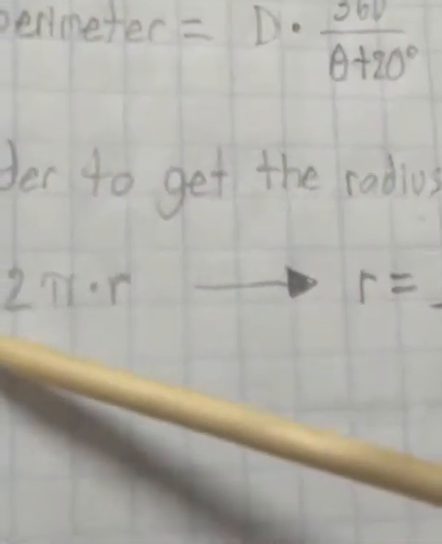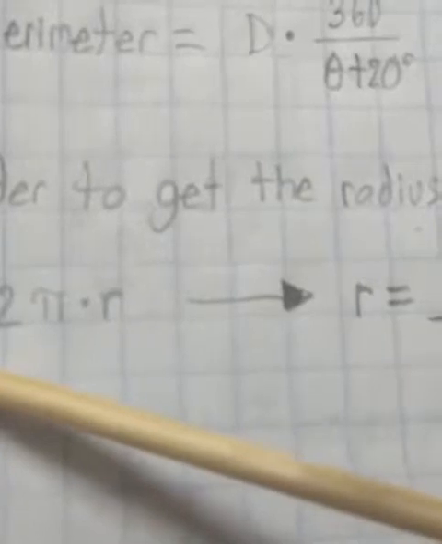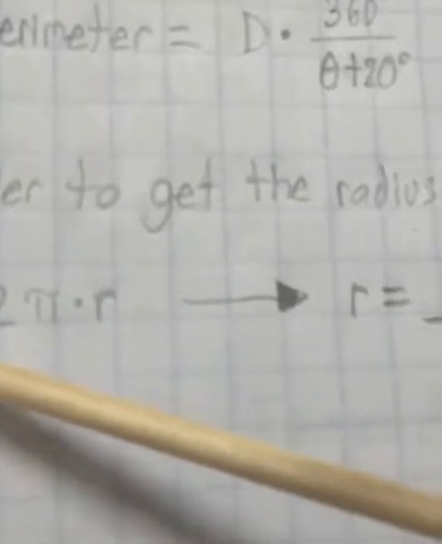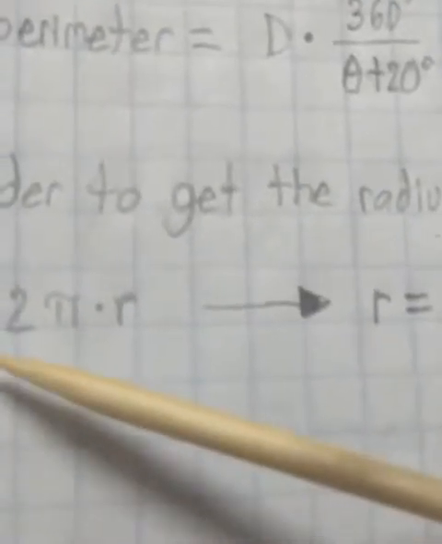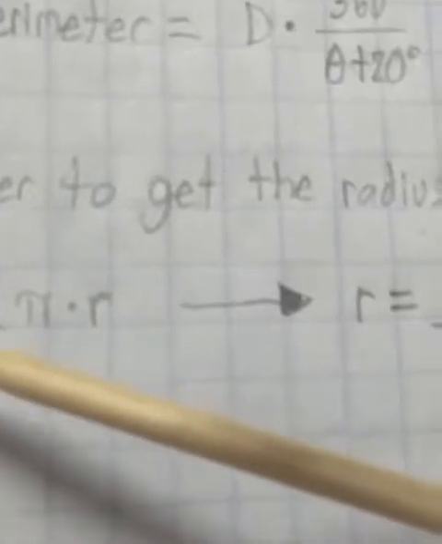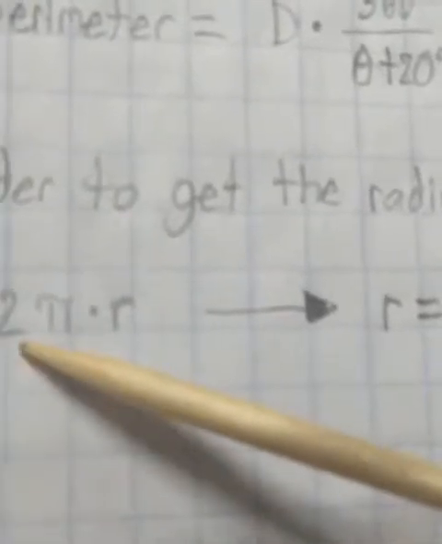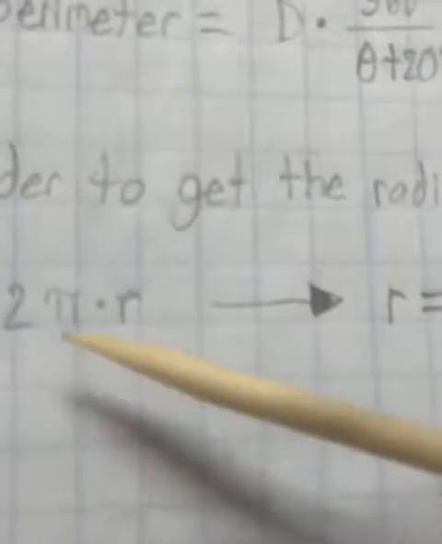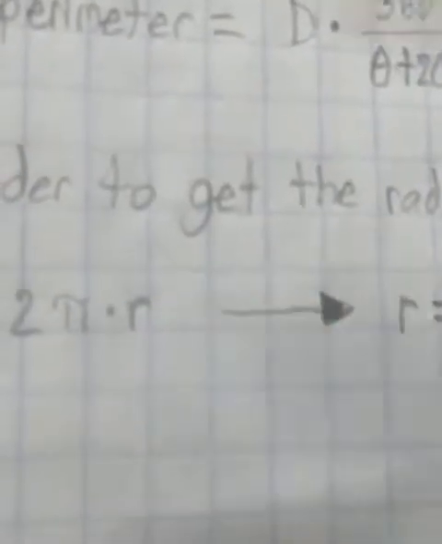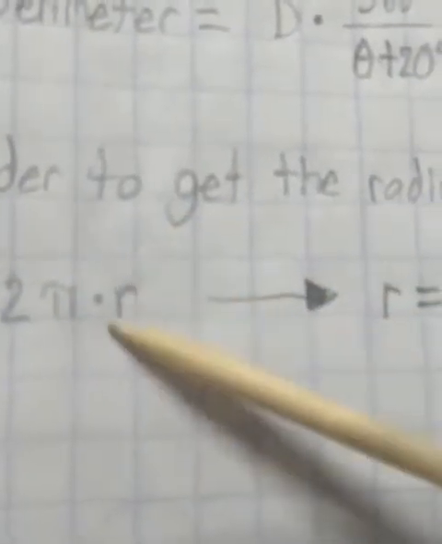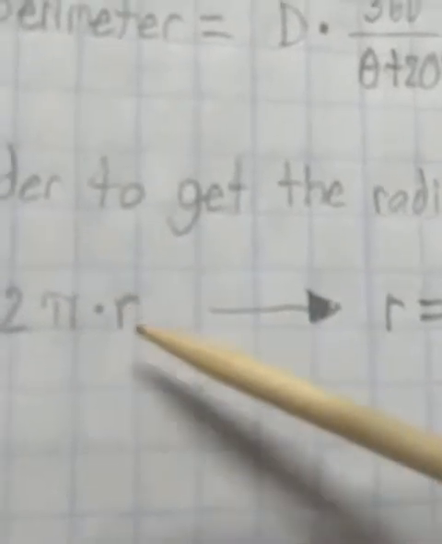So once we got the value of P, we know that the formula for the perimeter is 2 times pi times radius. So now that we need to calculate the radius, we convert this formula into this one.